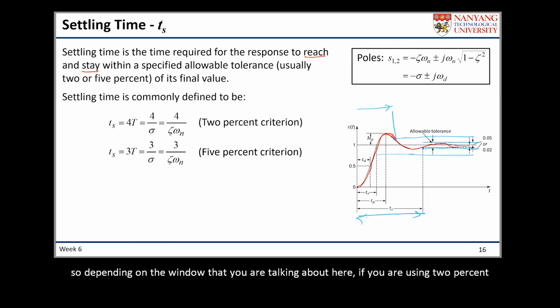Depending on the window, if you are using the 2% criterion, which means the window is within 2% of the steady state value, you can estimate the settling time, again if you know the parameters of your second order system, because the settling time will be equal to 4 divided by zeta omega n.